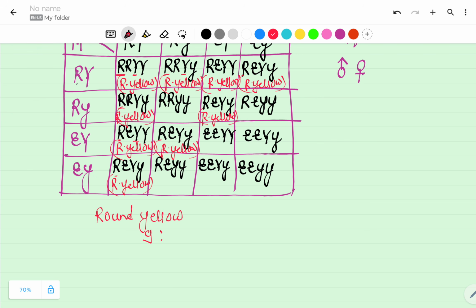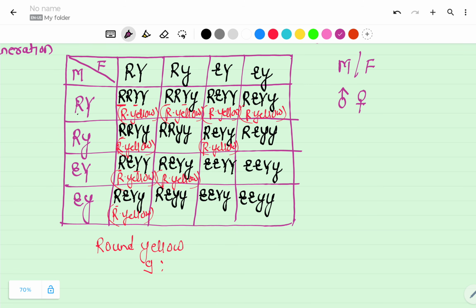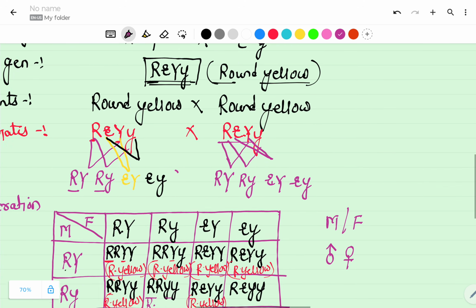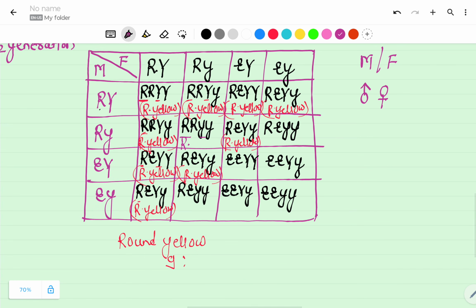Now next we are calculating the next ratio. So here capital R and small y. Capital R means what? Round. And small y means what? This small y we have written here as the character green, round green. Okay, round green.